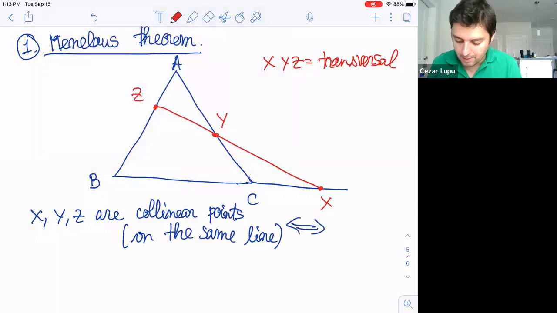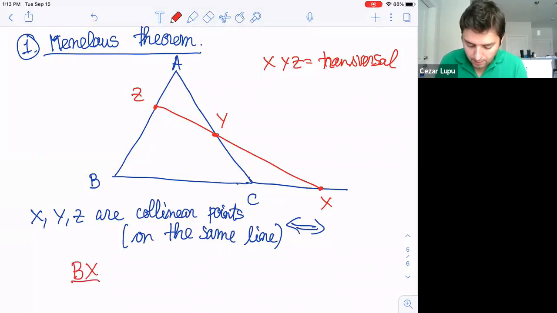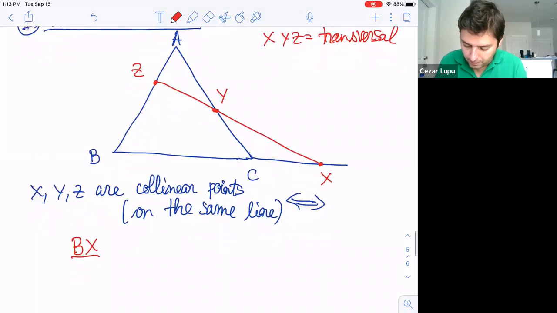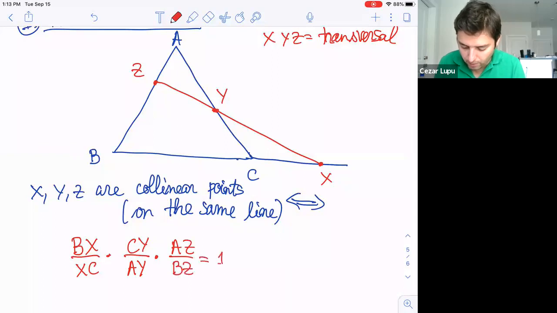I'm going to write this: BX over XC times CY over YA times AZ over ZB is 1. This product is 1. So this is if and only if. That's what it basically says.